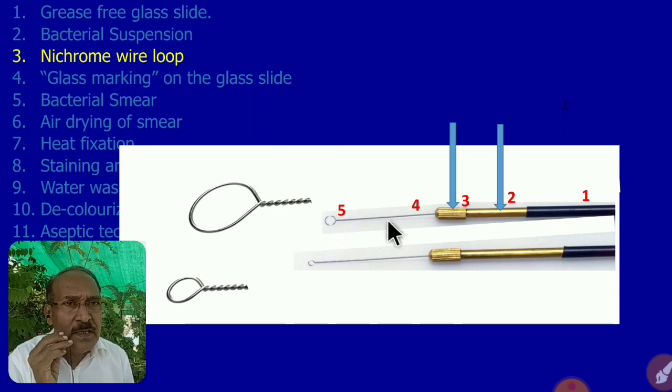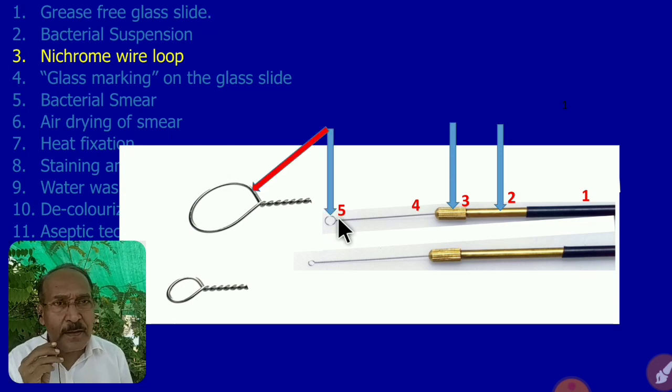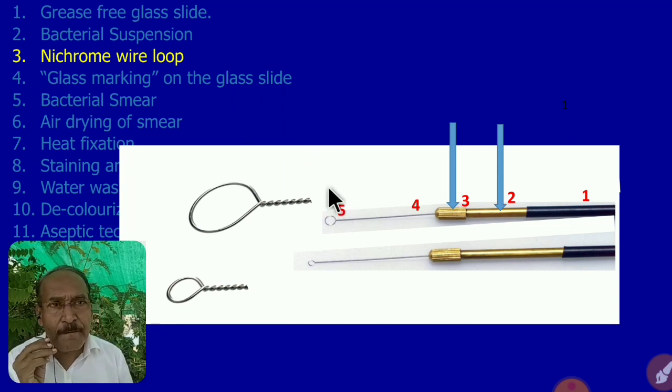So this fourth part and fifth part is actually made up of nichrome alloy. This nichrome alloy is a mixture of nickel and chromium. There is a purpose for selecting this nichrome alloy for microbiological practicals.